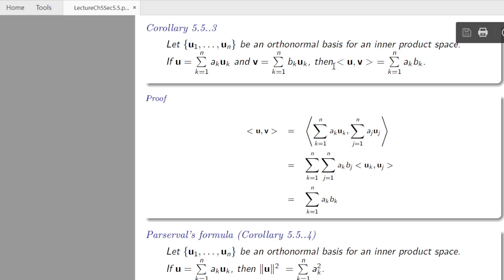So from this, we can easily get corollary 5.4. Now, this formula has a name, it is called Parseval's formula.